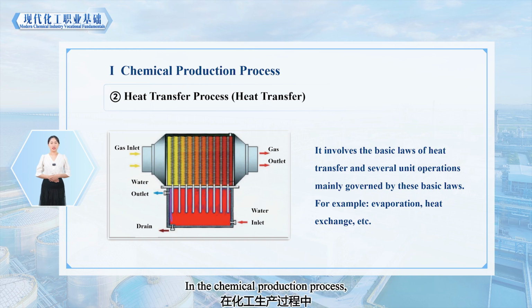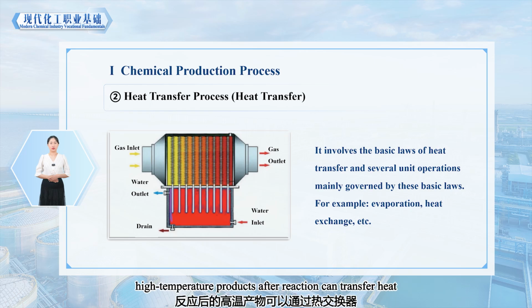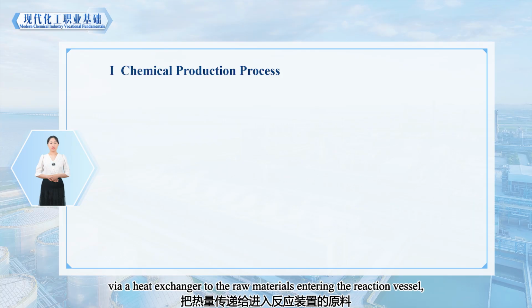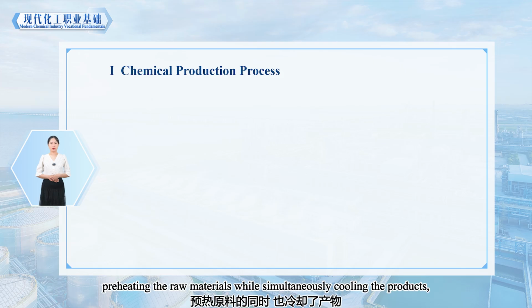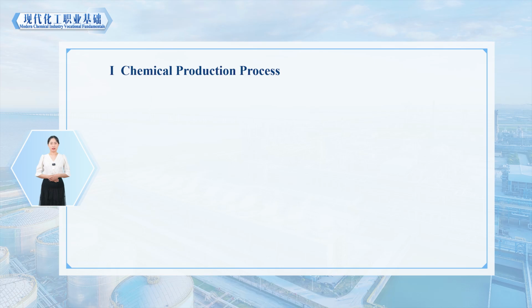In the chemical production process, high-temperature products after reaction can transfer heat via a heat exchanger to the raw materials entering the reaction vessel, preheating the raw materials while simultaneously cooling the products, thus achieving effective utilization of energy.